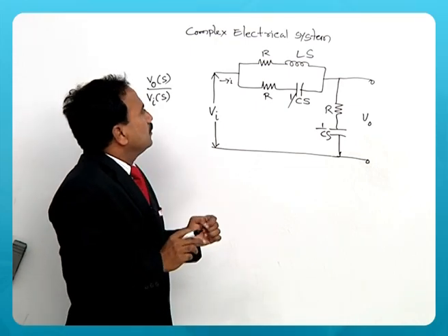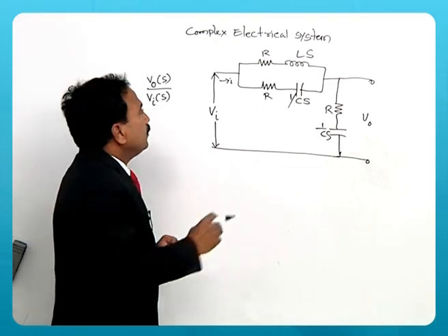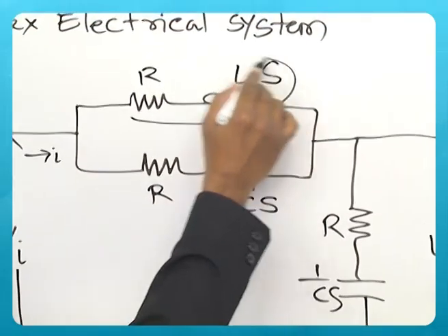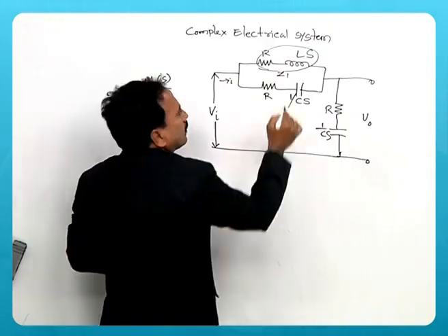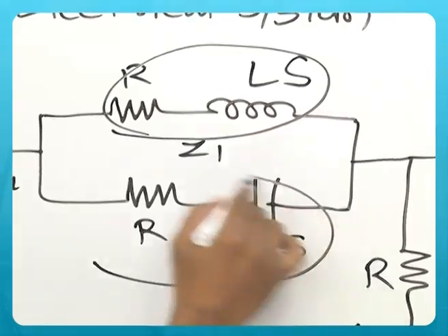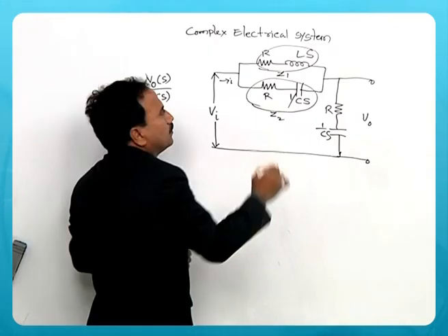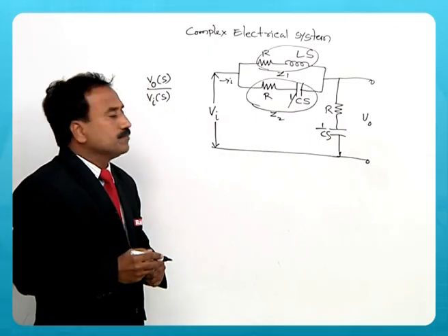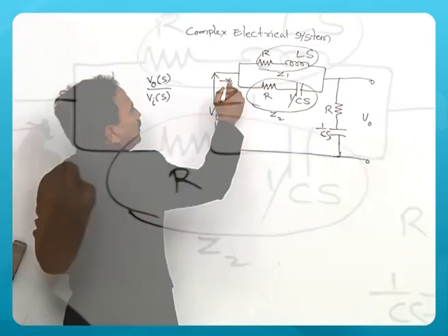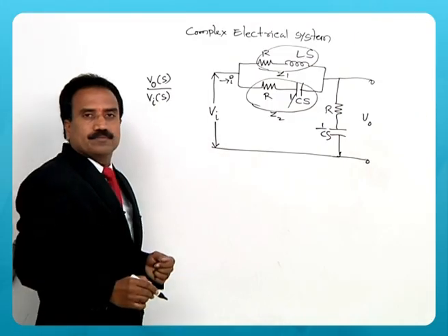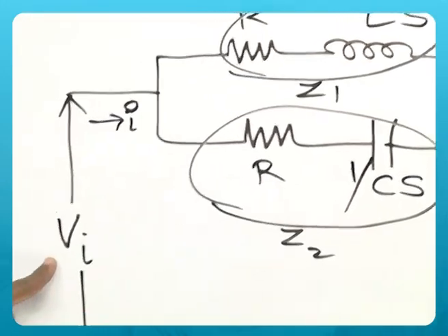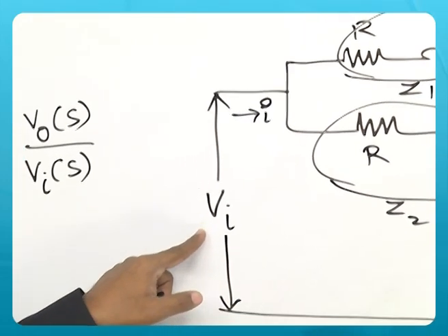Now this entire circuit is a Laplace impedance circuit. So you have an advantage now: consider this as impedance Z1 and this impedance as Z2. They are in parallel, and assume that there is a current I. How to write the input voltage equation using mesh analysis?